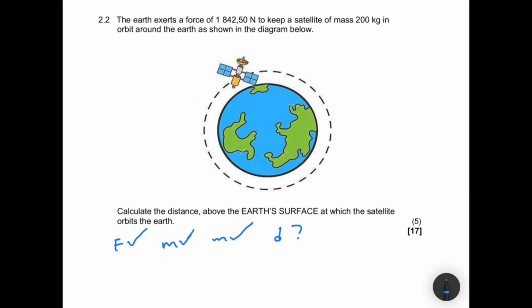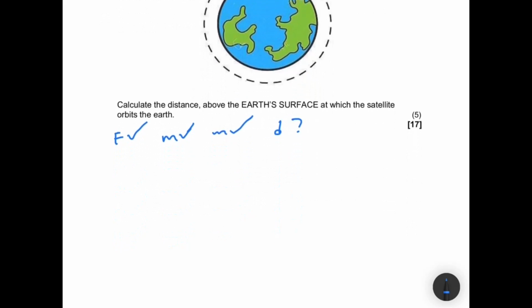So we can use Newton's law of gravitation, right? Every body attracts every other body with a force that is directly proportional to their masses and inversely proportional to the square of the distance between them, right? So we're saying that F is equal to G, G being a constant, right?